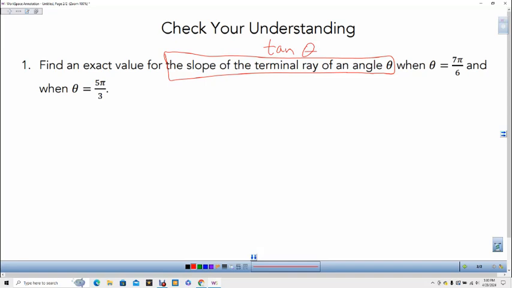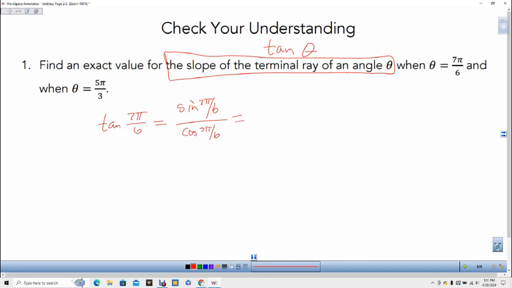So you're finding an exact value for tangent theta when theta equals 7 pi over 6 and when theta equals 5 pi over 3. So if we want to find tangent of, and we can actually go ahead and plug our angle in here, we're going to end up doing sine of 7 pi over 6 divided by cosine of 7 pi over 6.